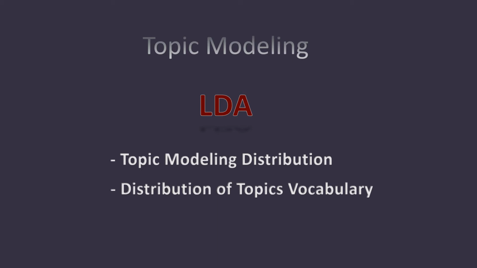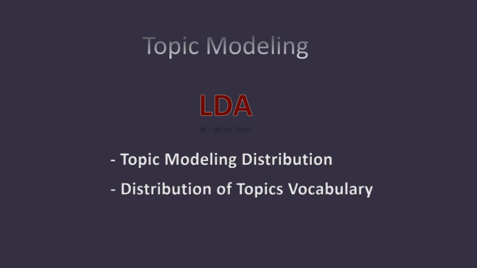The second distribution that LDA learns for us is the distribution of topics over the vocabulary. For instance, we have the topic zoo. The probability of meeting words that are related to animals would be much higher. So it will show how topics are distributed over the vocabulary. However, LDA is not intelligent enough to decide how many topics there are in the corpus.